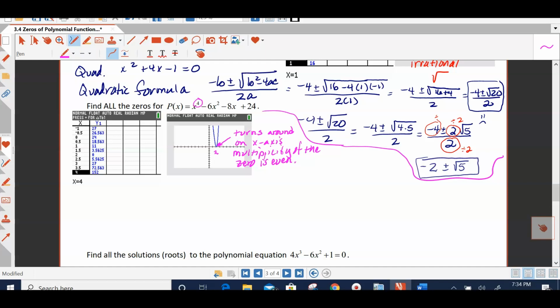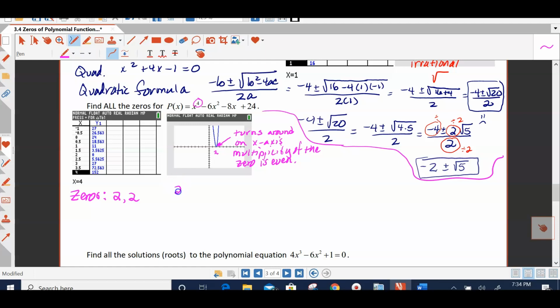So if you see your graph bouncing on a zero, then it repeats at least 2 times. So I'm going to start this off by saying I have zeros of 2 and 2 again because it's repeating an even number of times. Then we'll see what happens after I do my repeated synthetic division.